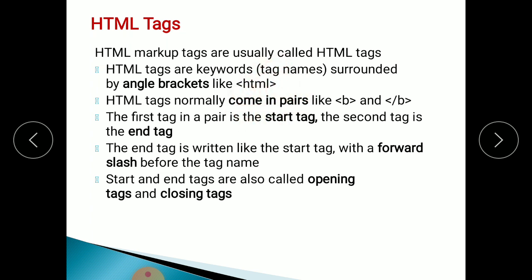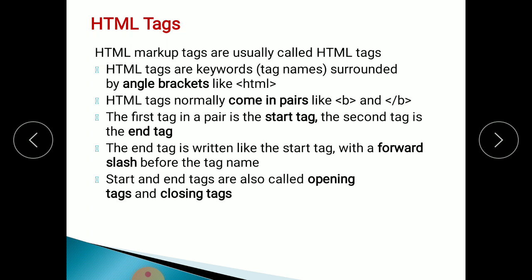Okay, then HTML tags normally come in pairs. Whatever tags you have used in your HTML language, all tags come in a pair. See here, B is the tag for bold. Whatever text you have written, if you want it in bold, meaning dark color, use the bold tag.